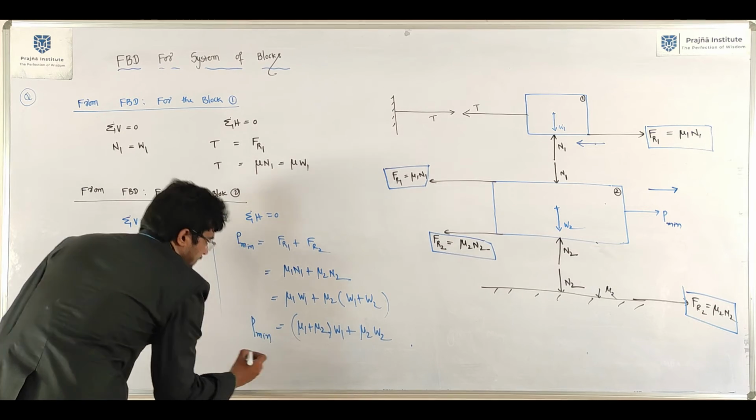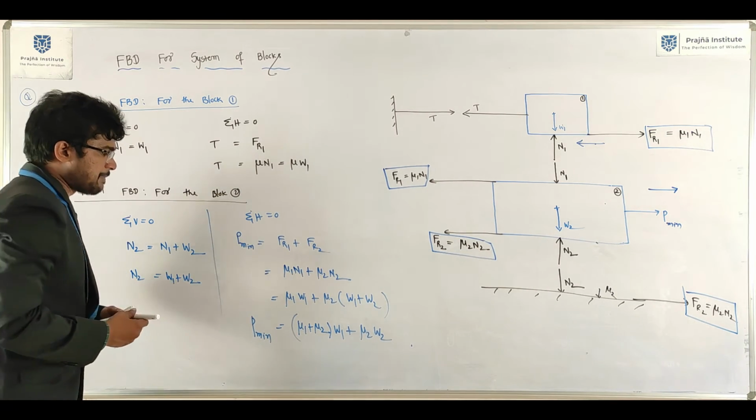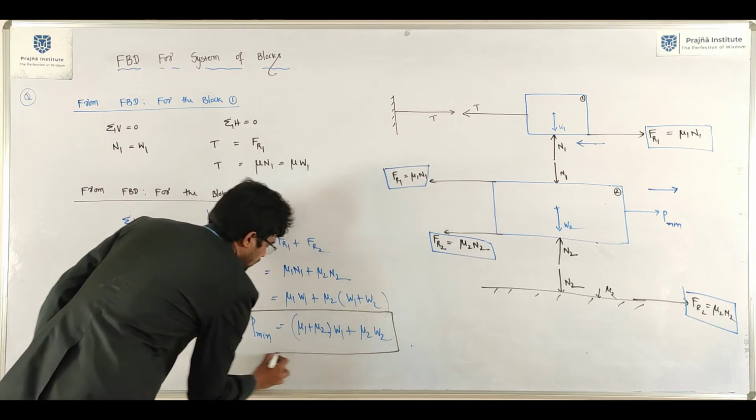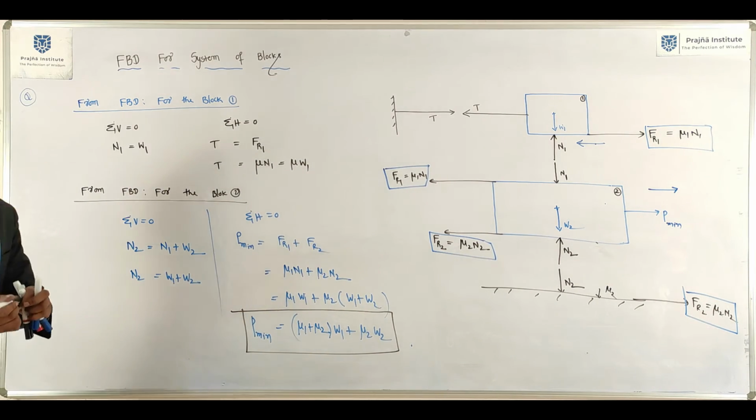P minimum, this is the expression to determine the minimum amount of force required to create a slip between the two blocks.